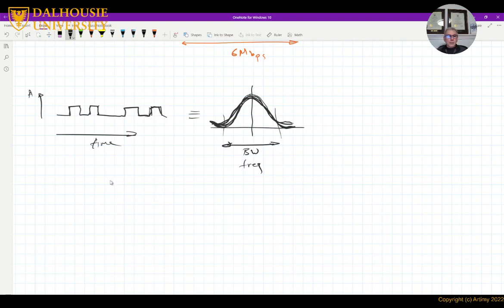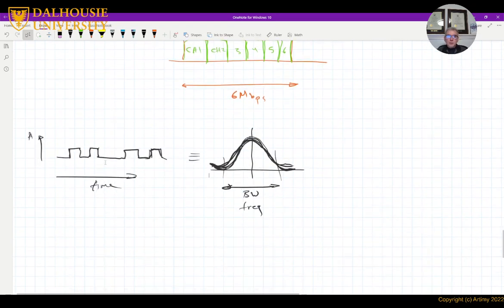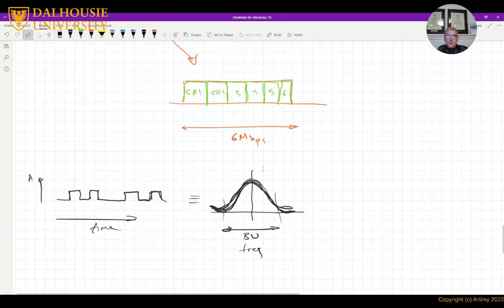All right, but each one of these stations, each one of these nodes or terminals or PCs, they generate a similar sequence of zeros and ones. Of course, each one of them will generate a different sequence, depending on the data, but they all will occupy similar bandwidth. So if I try to send them all in one channel, they will overlap each other, right?